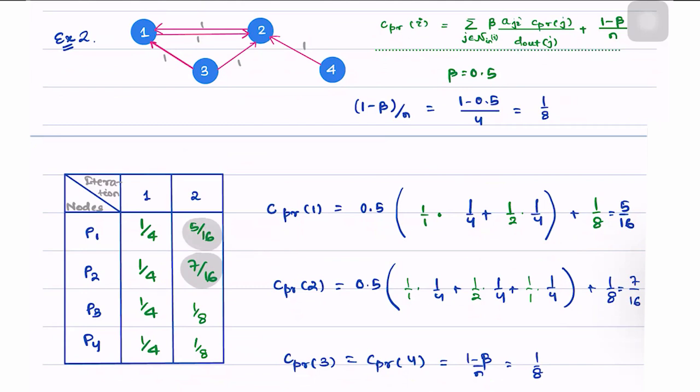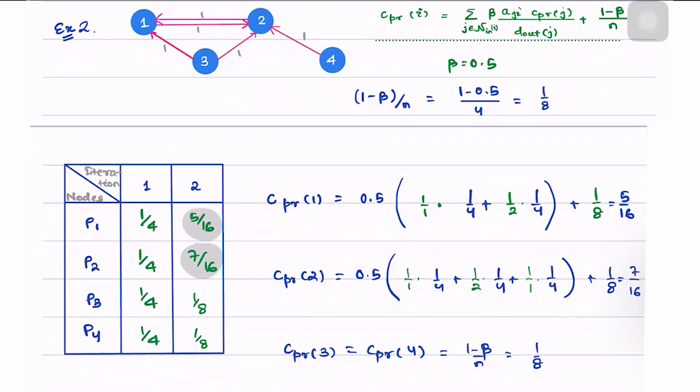And as it should be, both of them are in fact more important than nodes 3 and 4. However, through this approach, nodes 3 and 4 also get a chance to get noticed. They come up in the rankings, and any surfer would get a chance to view them as well. So the surfer does not get trapped in a loop, which would have happened otherwise in the previous algorithm.